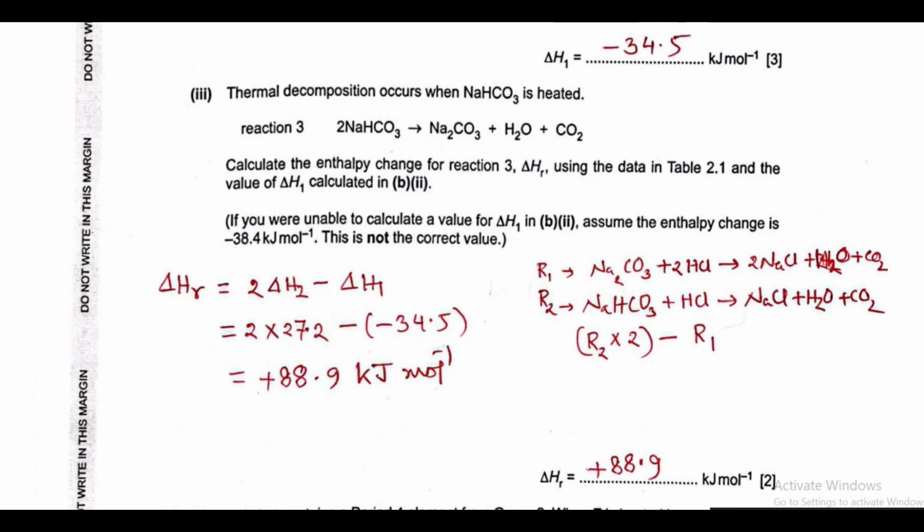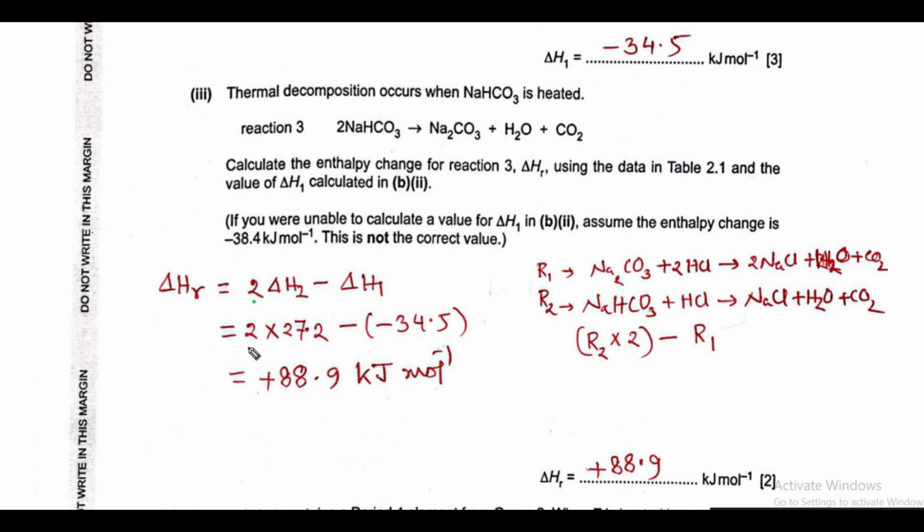From reaction 2 and 1, how will you get reaction 3? If you multiply reaction 2 by 2, then subtract reaction 1, you will get reaction 3. That means enthalpy of reaction 3 will be 2 times ΔH2 minus ΔH1.